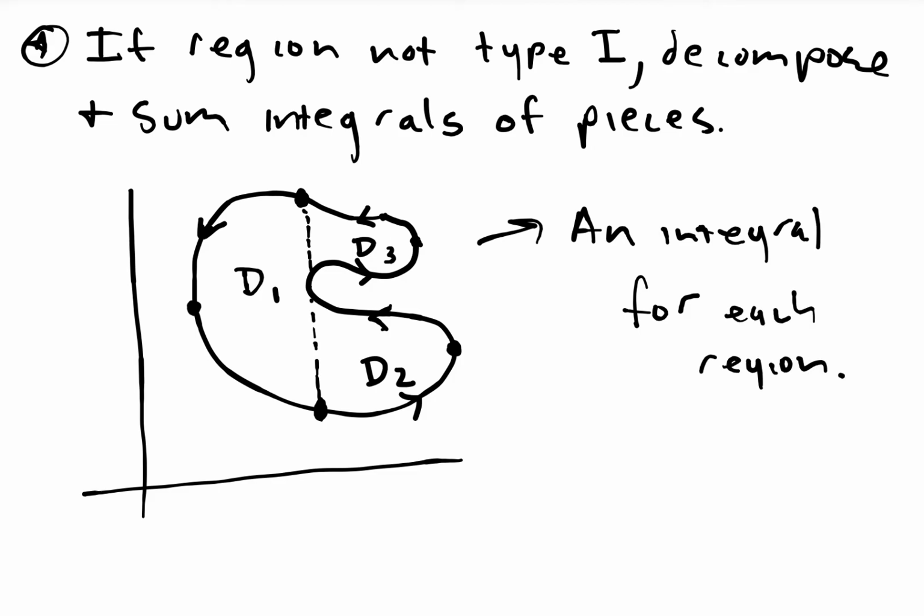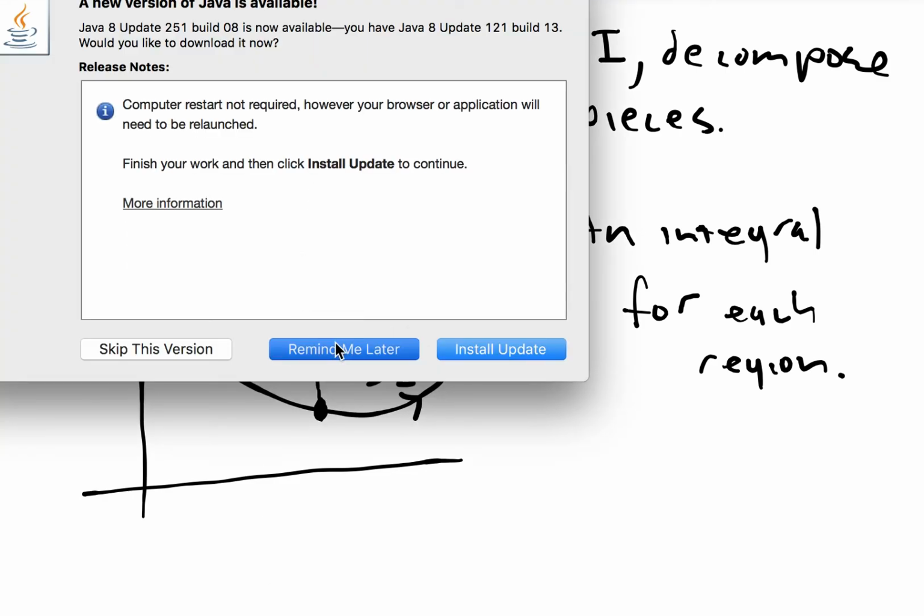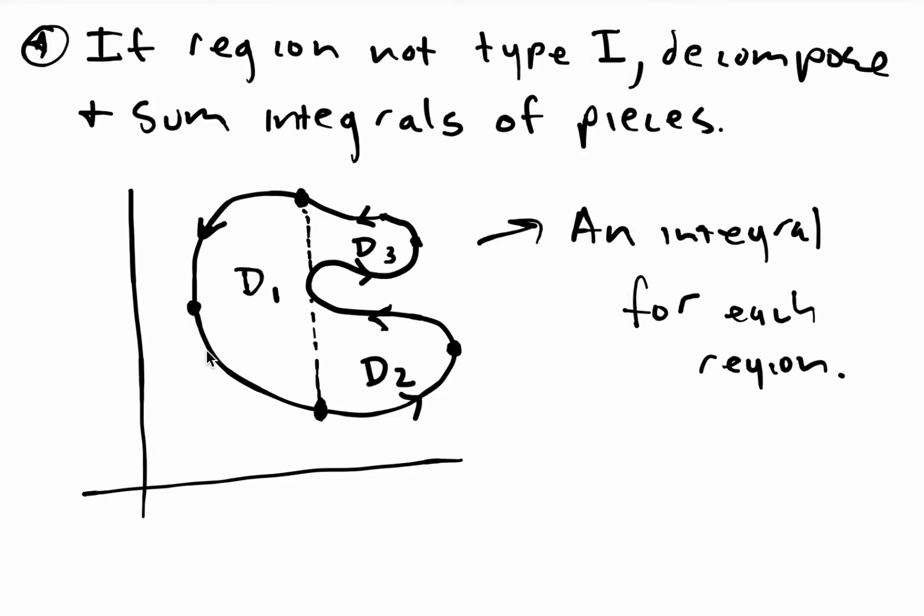Okay, and a comment: if you're tracing one of these regions, you'll notice that for D1, I have the section that goes upwards if I were to trace around D1. But if I have D3 here, I'd have to go in the opposite direction to trace around D3, and in the opposite direction to trace around D2.